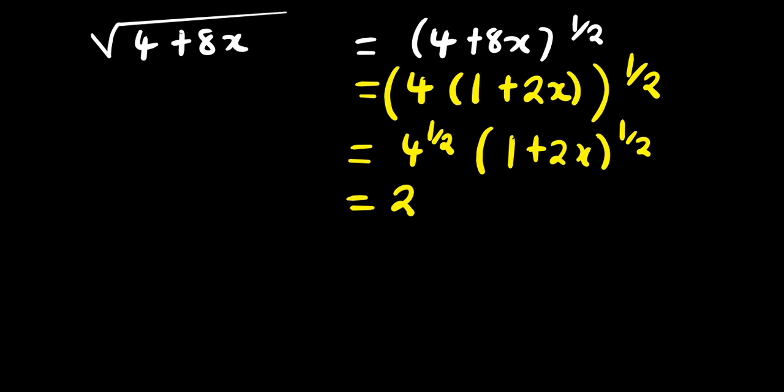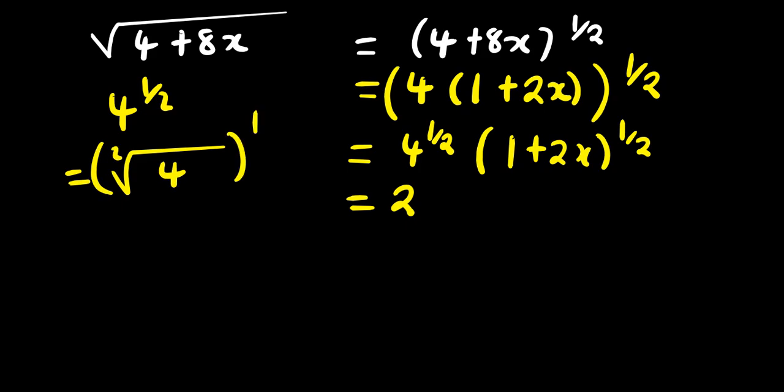From your exponentials, when you have a half like that, the denominator of the power becomes the root. In this case, it is the square root, or 2. Then everything to the power 1. This is the 1 there, and you solve. And you know that the square root of 4 is just a 2 to the power 1, which gives us a 2, okay? So that's what we've just done there.